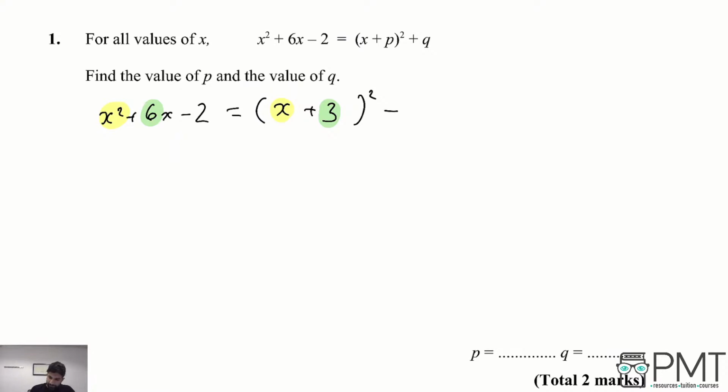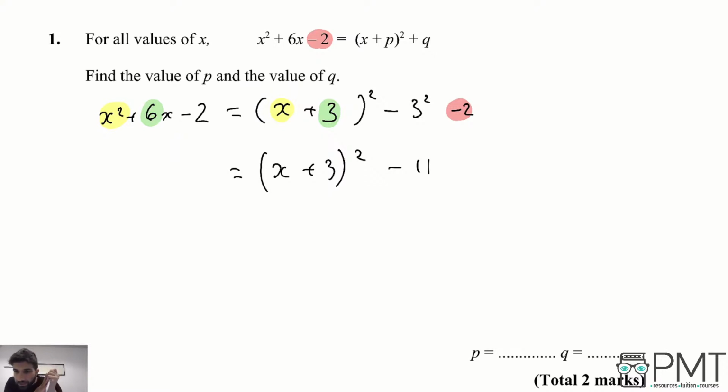And then you need to take away 3 squared, and then remember to take away the 2 as well, minus 2. So this is going to be (x plus 3) squared minus 9 minus 2, which is minus 11.